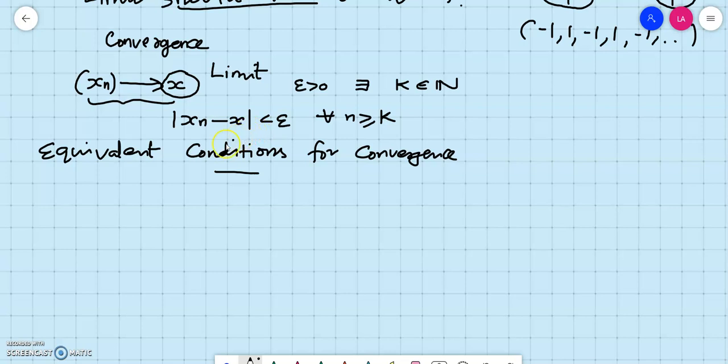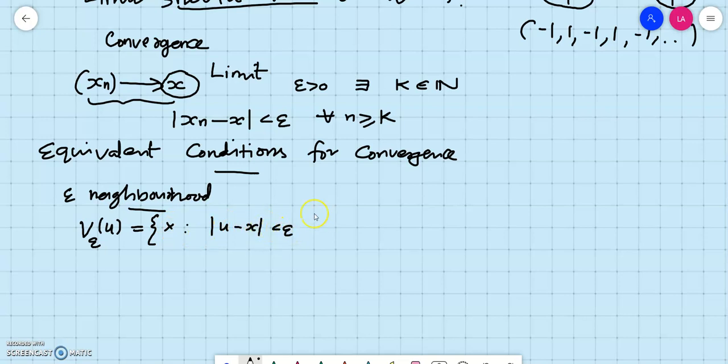Before moving on, I'll remind you what an epsilon neighborhood is. We have already discussed this. An epsilon neighborhood of a point u is denoted V epsilon of u, which is the collection of all points x such that modulus of u minus x is less than epsilon.